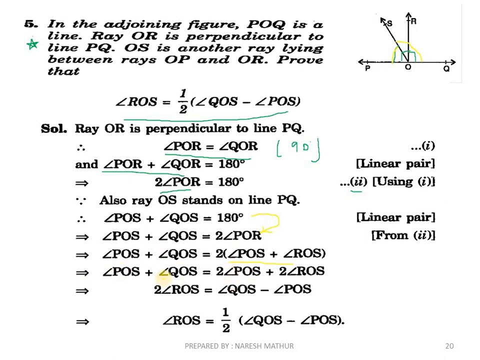So we can just displace this value and we can get 2 ROS equals QOS minus POS, and this 2 can be in the denominator of this whole term. So we can write angle ROS equals half of QOS minus POS. Hence proved. Alright, this one was a good question, so please practice this question.